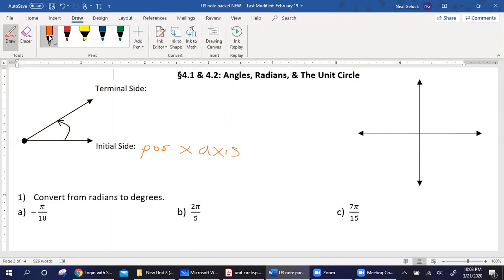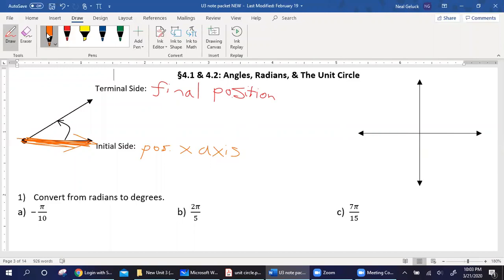So our angles will always start with the initial side on the positive x-axis. The terminal side is basically just going to be the final position, and this can be in any quadrant. We'll figure out which quadrant it's in by the angle.